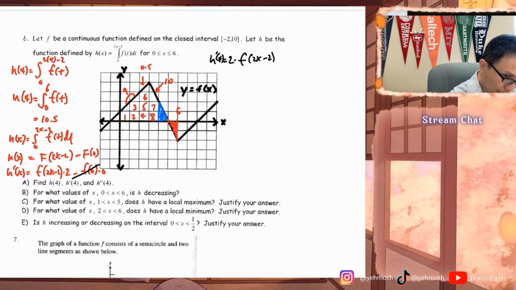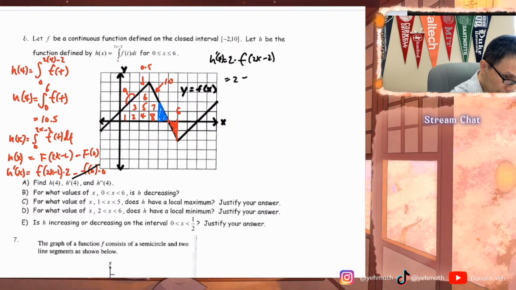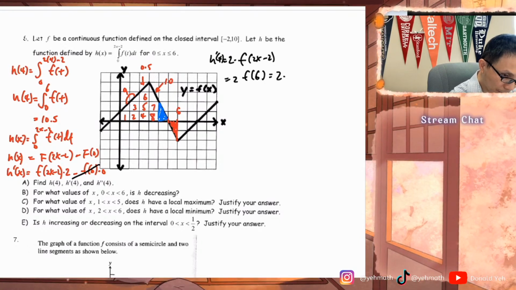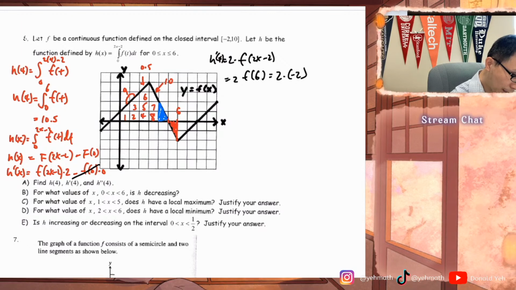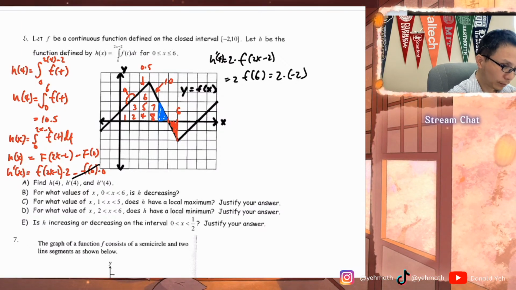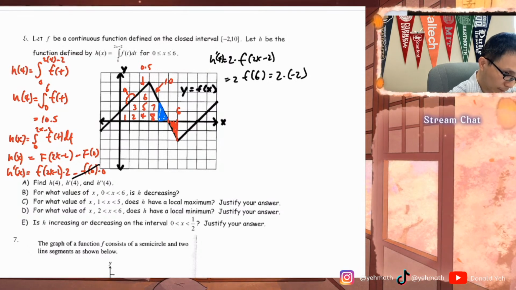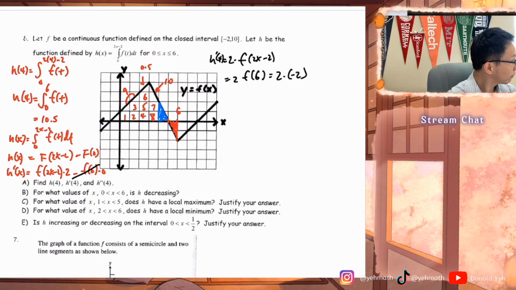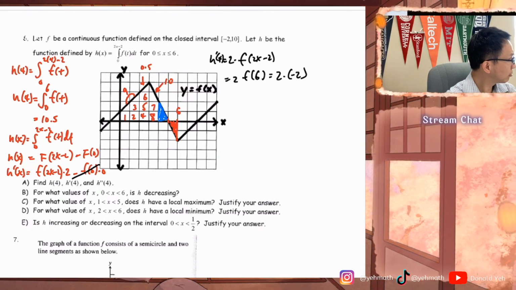Then I just plug in 4, so it'll be 2 times f of 6. F of 6 is going to give me negative 2, so it'll be 2 times negative 2. Why is that negative 2? Because it's right here. It's negative 2. Is this confusing? No. I was just saying.